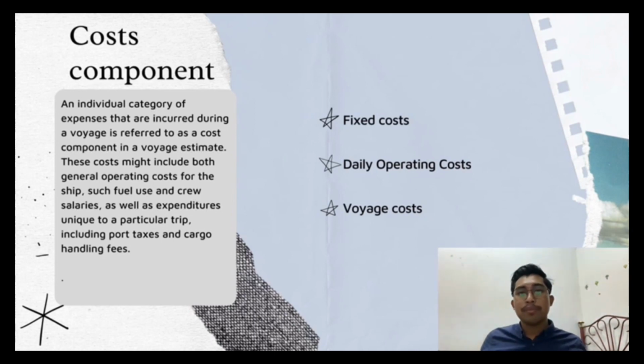Overall, the cost components in a trip estimate are the various variables that add up to the entire cost of a voyage, and shipping businesses or vessel operators can make a better judgment about the voyage by comprehending and analyzing these components. A voyage estimate will take fixed costs, daily operating costs, and journey cost into consideration.